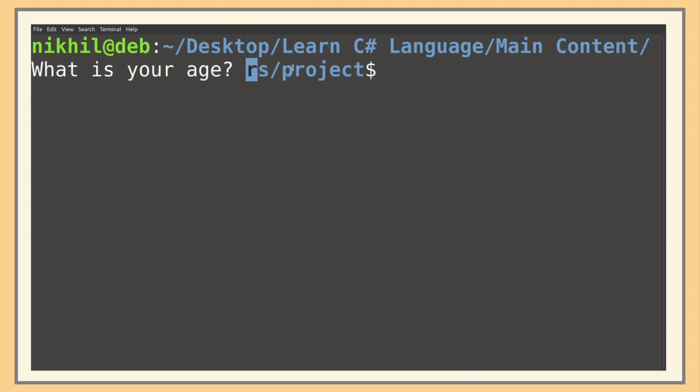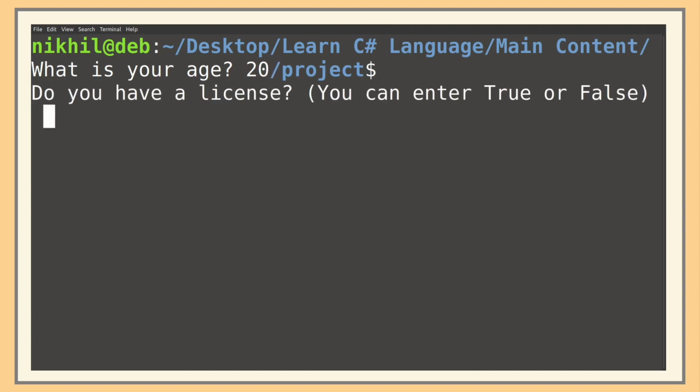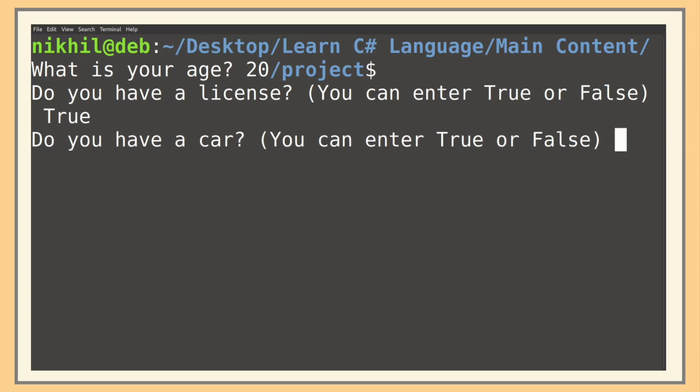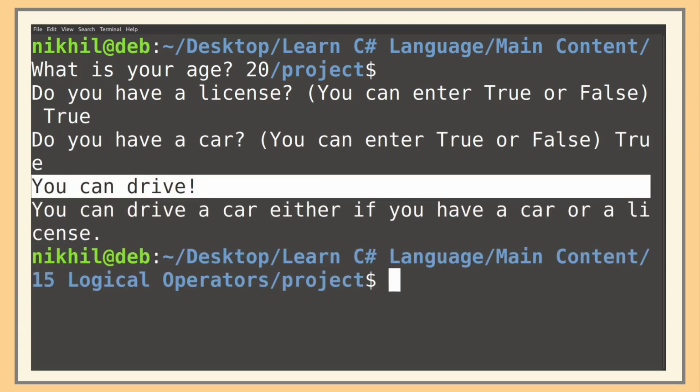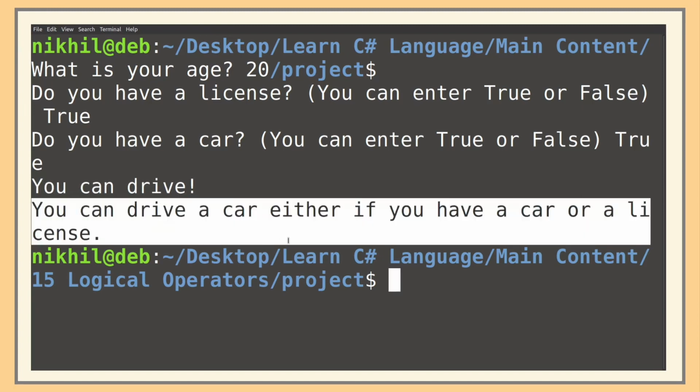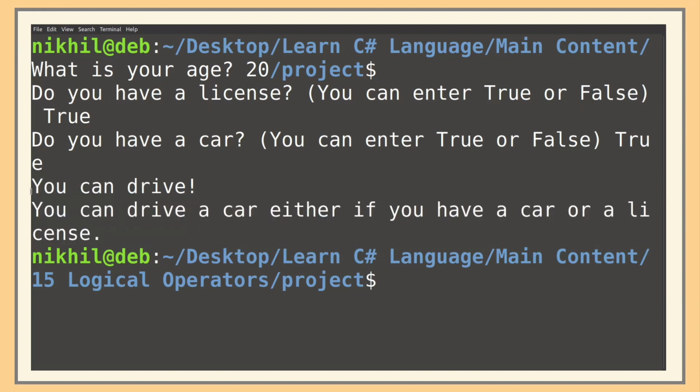So maybe there is a glitch in my terminal. So I will enter the values. What is your age? You can enter true or false. True. Do you have a car? Yes. So it's printing: you can drive a car either if you have a car or a license, which is executing two if statements, ignoring the last if statement. Okay. Thank you.